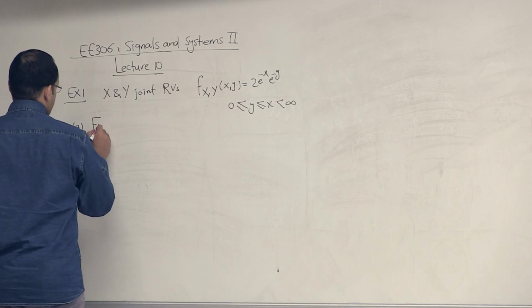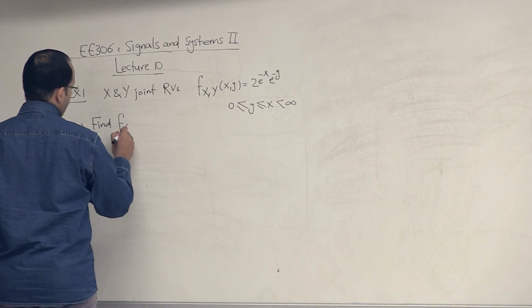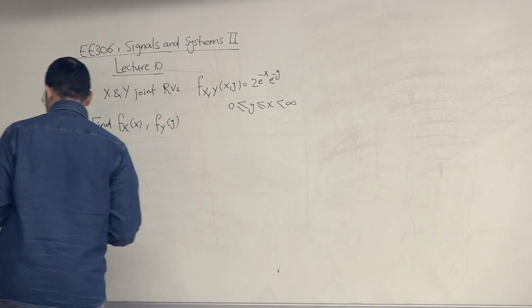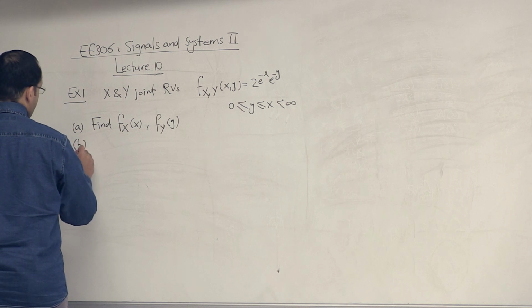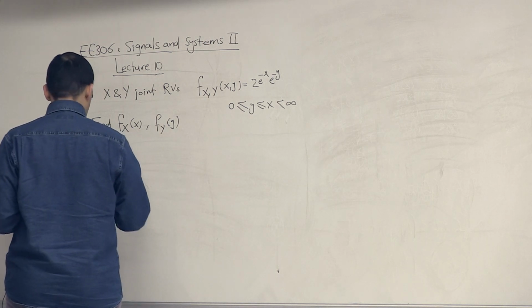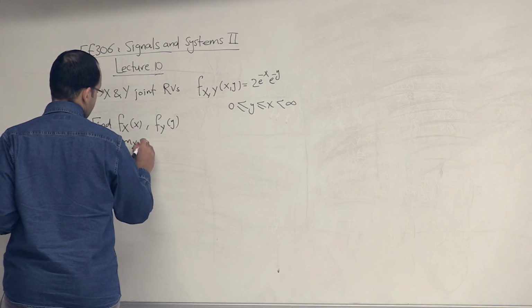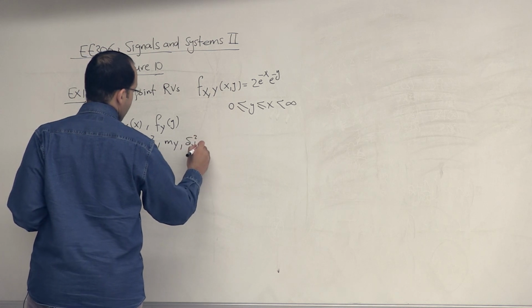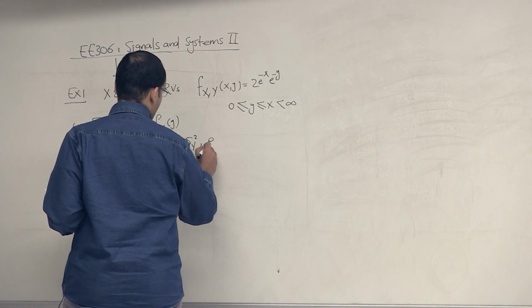The first part of the question asks to find the marginals. The second part asks to find mx, sigma x squared, my, sigma y squared, and rho xy.